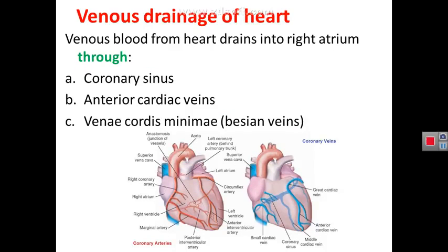In consideration to venous drainage of the heart, the main vein of the heart is the coronary sinus, which is seen in the posterior coronary sulcus.